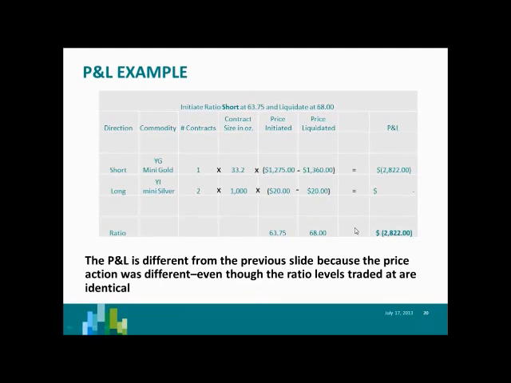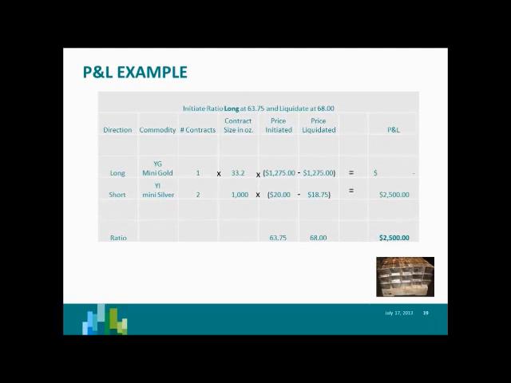Now, I deliberately initiated the position at 63.75 and liquidated it at 68 in both examples. I just flipped back one slide. And what you can see here is, depending on which metal moves, the P&L is actually different. In the first example, I'm long the ratio at 63.75 and liquidate at 68.